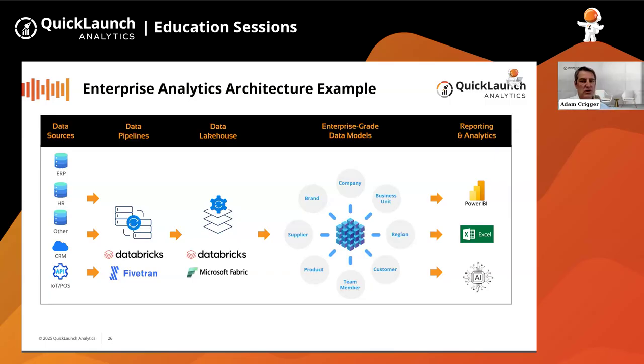One of the things to focus on is how you get that into a single source of truth, that enterprise grade data model. Because what we find with companies when they get started is they get so excited: Power BI, oh my gosh, I can pull a spreadsheet of data into my Power BI and build a model, and start bringing in other data sources. Maybe I've got 10 different sales models.